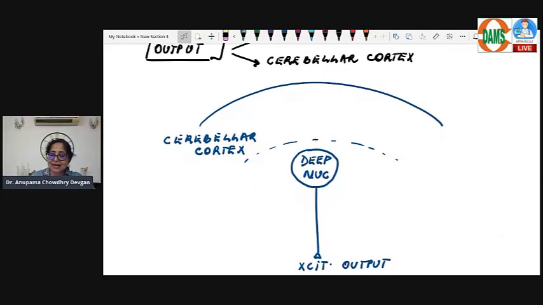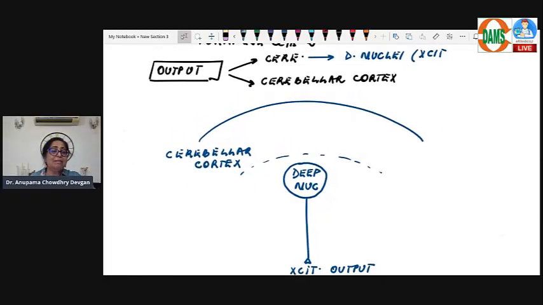Now, this excitatory output of the deep nuclei is controlled by a very large inhibitory neuron in the cerebellar cortex, which is called the Purkinje cell.